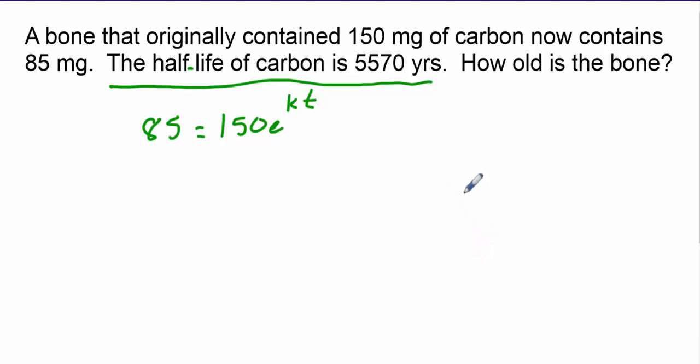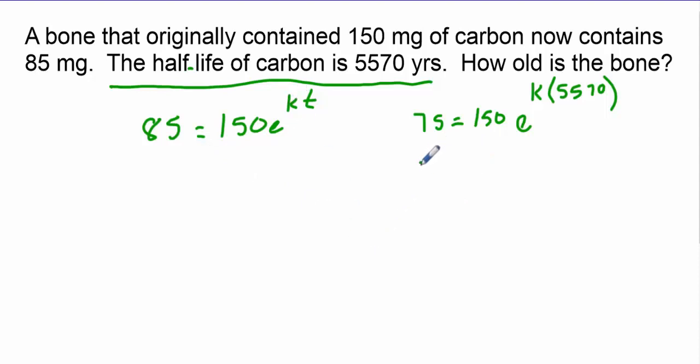So what I can do is say, if I started out with 150 and went to 75, I would still have an unknown k value, but my t time is 5,570 years. After solving this part, I can come back here and plug in k.